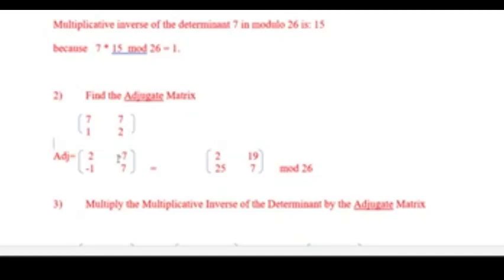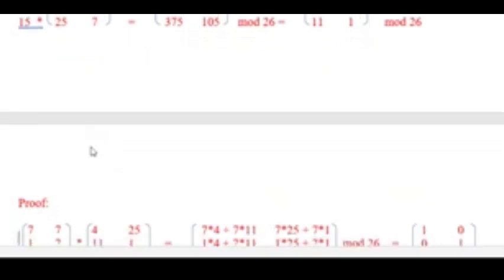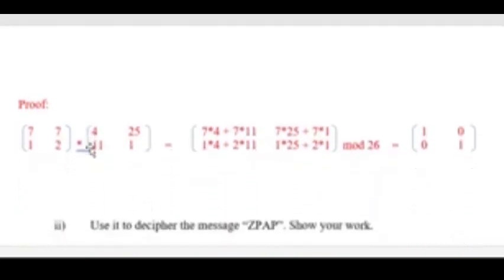So the adjugate is 2, 19, 25, 7. All we have to do is multiply it by the inverse of the determinant, which is 15. So multiply 15 into the adjugate matrix, and that should give us the inverse of the matrix, which is 4, 25, 11, 1. And to prove it is the inverse, we multiply the matrix into the inverse, and that should give us the identity matrix.